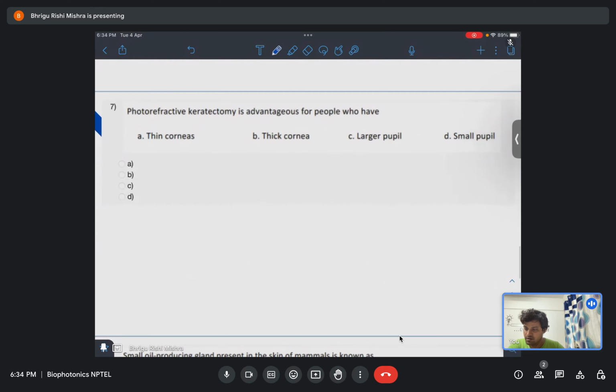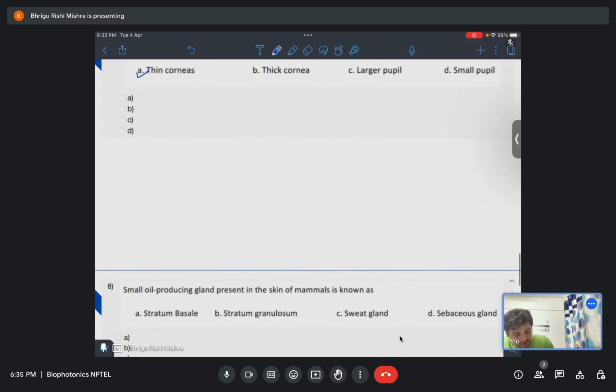Now the next question is: photorefractive keratectomy is advantageous for people who have a thin cornea because it doesn't require cutting the cornea. So if you have a very thin cornea, you should not go for LASIK. You should go for PRK.